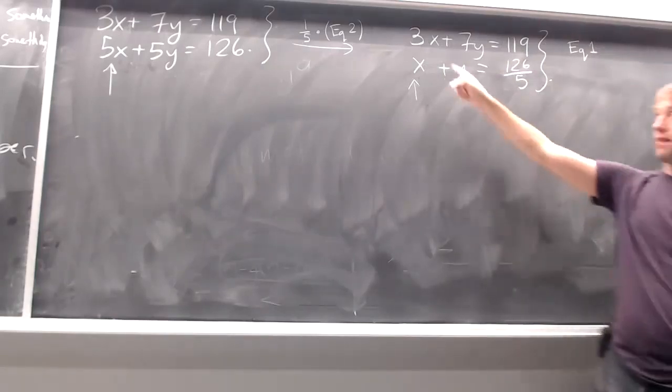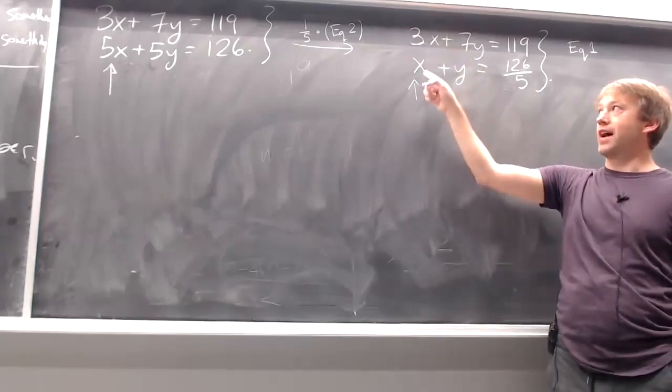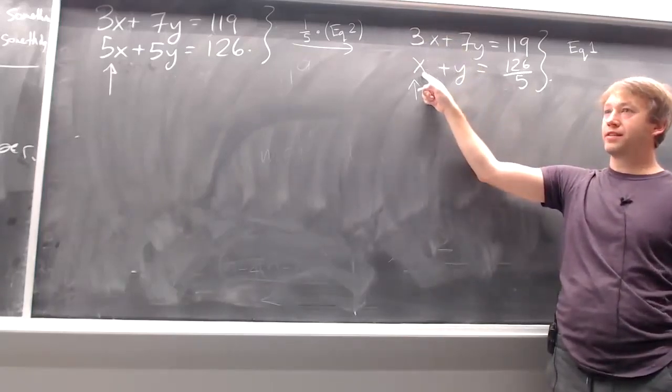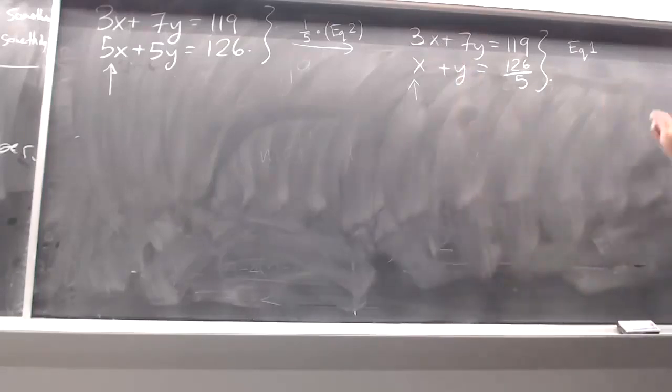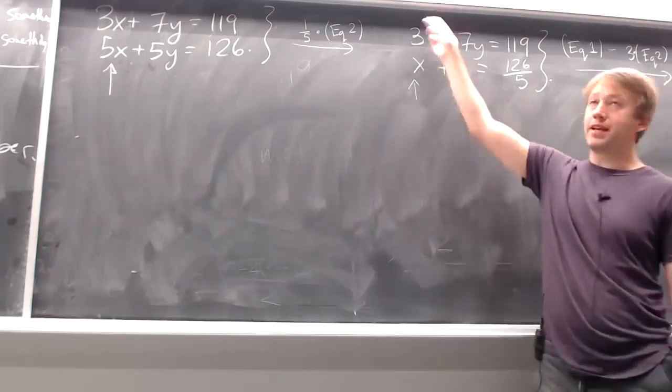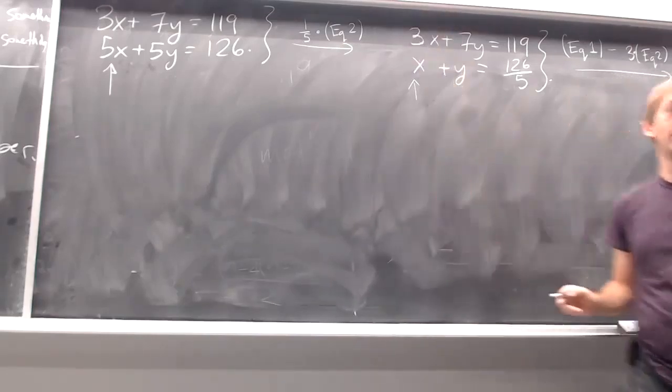If I want to eliminate the variable x, I can subtract 3 of these from it to get rid of the x. So I'm going to take equation 1 minus 3 times equation 2. And if I do that, that'll completely eliminate the x's from this equation.